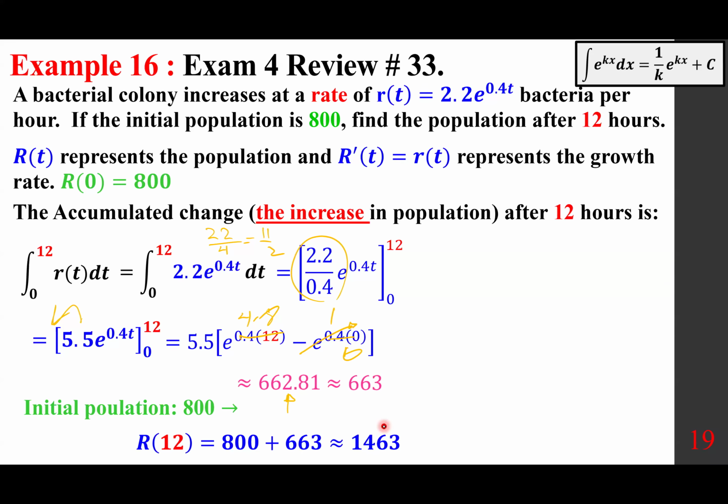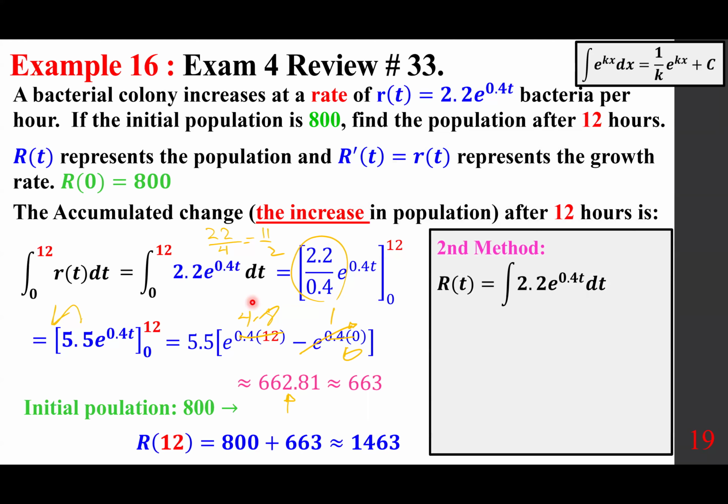And that's fine. The second method is to find this function. And to find this function, we are going to integrate this. Capital R of t is the integral of 2.2 e to the power of 0.4t dt. And you know this integral gives you this one for the definite integral.